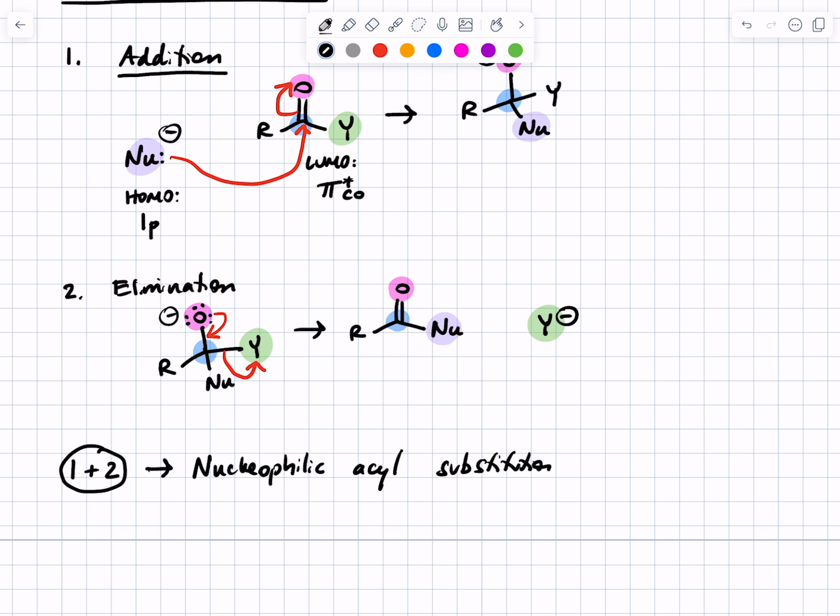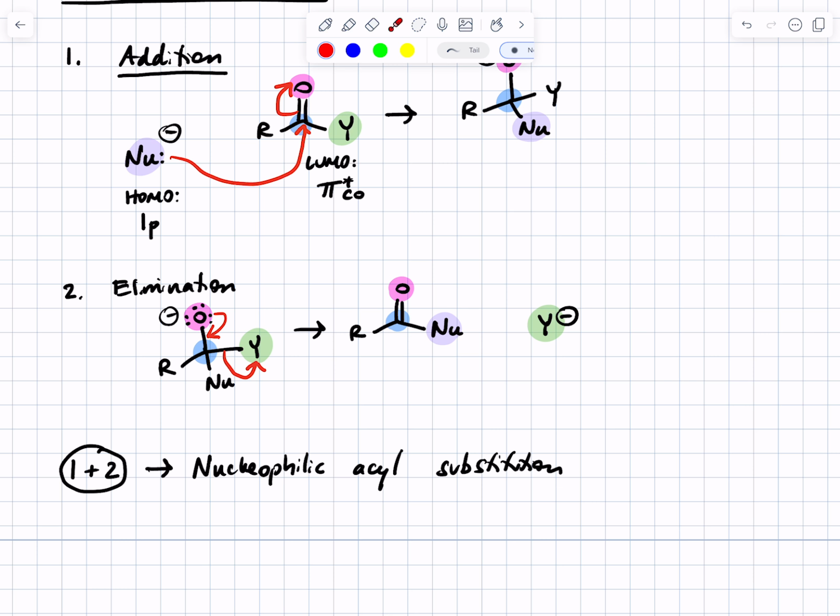The acyl group is the carbonyl carbon and oxygen, and you're substituting the nucleophile for the Y group. Now, nucleophilic acyl substitution is not an elementary step, it's 2 steps, one after the other. Okay. Questions about those? That's review.